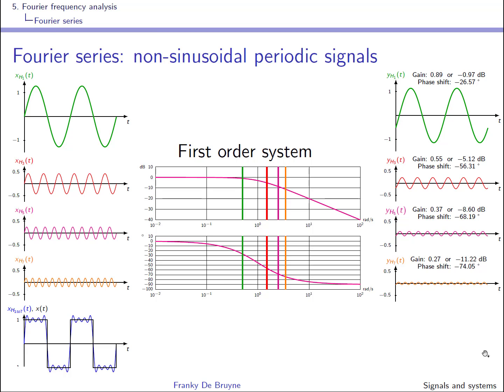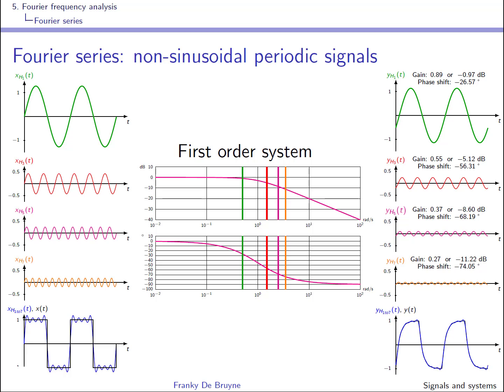In this case, for instance, let us take the fifth harmonic component. When it goes through the system, the gain is approximately minus 9 dB and the phase shift minus 70 degrees. So what we can do now is sum these components, fundamental and harmonic components that have gone through the system, and add them to get the response.